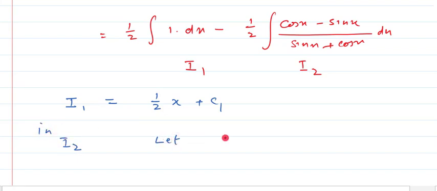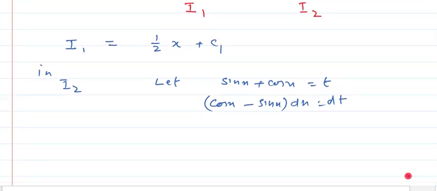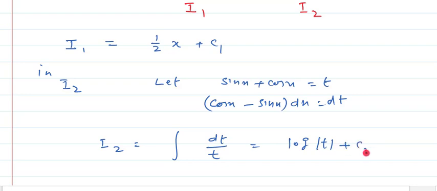And in I2, let us put sin x plus cos x as t. So you are getting cos x minus sin x dx is equal to dt. So I2 is left simply with dt upon t, which is nothing but simply log t plus c2.